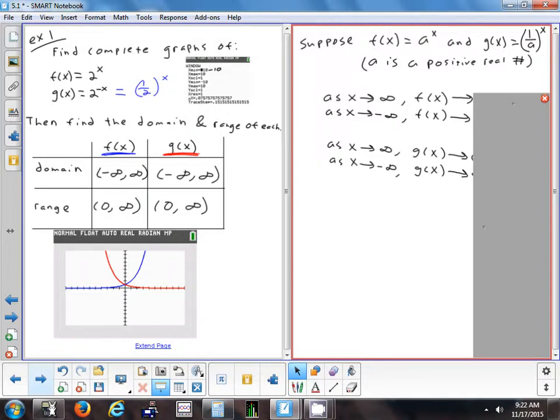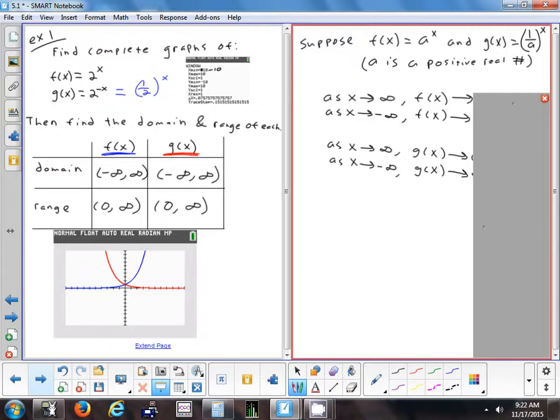All right, so now I want to examine this in general. Rather than using a 2 or a 3 or a 4, let's just pretend we used a, any positive real number you want. But think about the ones we just did, and that'll help you. The first one I want to look at is f of x, in our graph the one in blue. As x gets bigger and bigger, what happens to y?